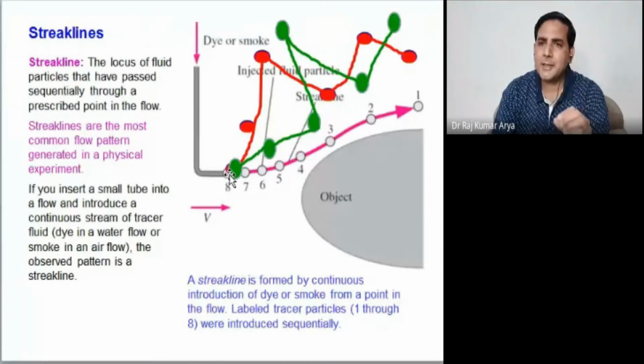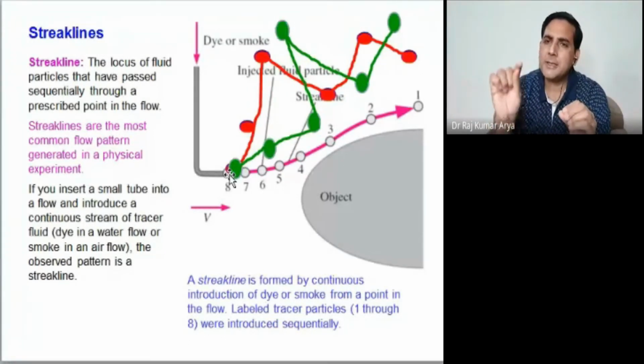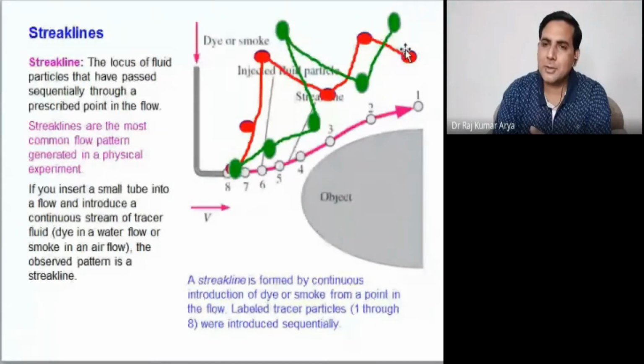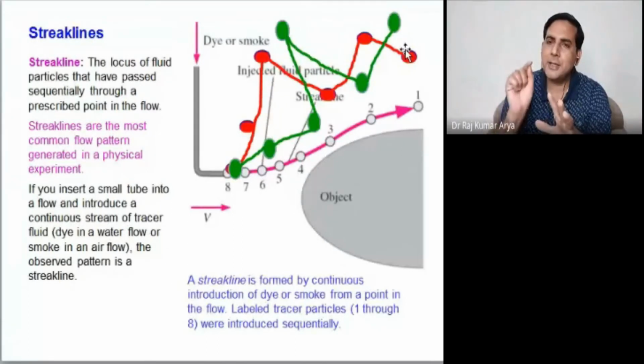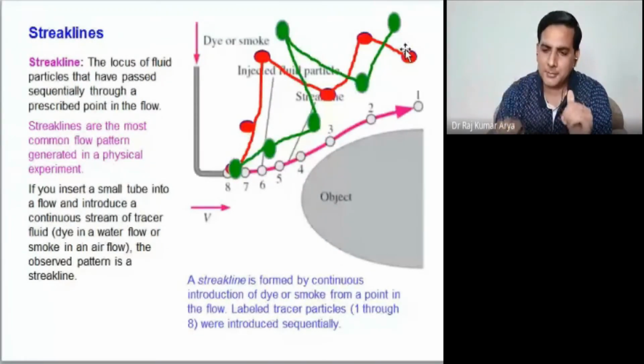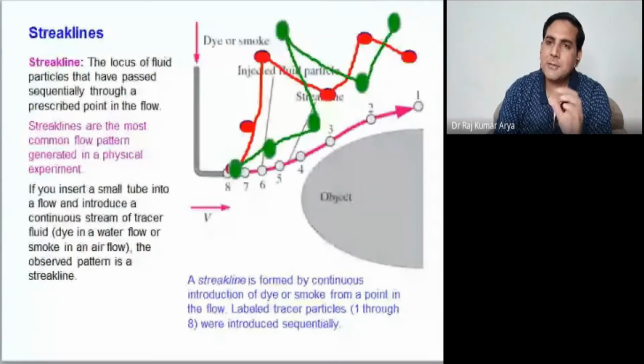So what does a streak line say? Streak line says join the particles in the order they have left the place. So first particle 1 went, yes or no? Then particle 2 went, yes or no? Now you join them at a particular time. So this was particle 1, which went first, then particle 2. Particle 2's new position was this, immediately after that.